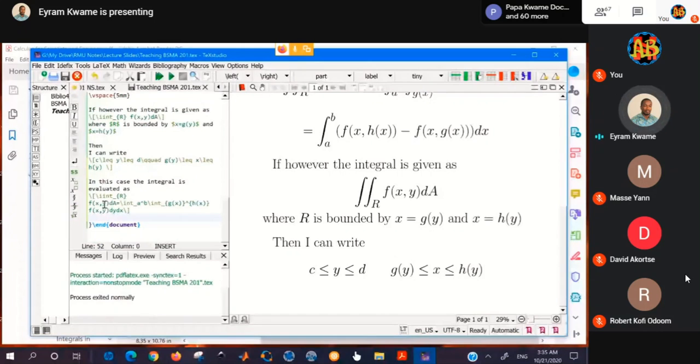So you rather integrate from c to d for y. And then g of y to h of y. And then the order of the integration changes. So you integrate with respect to x first before y.